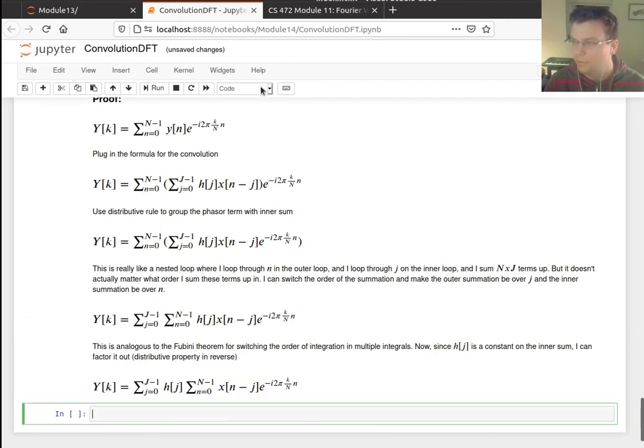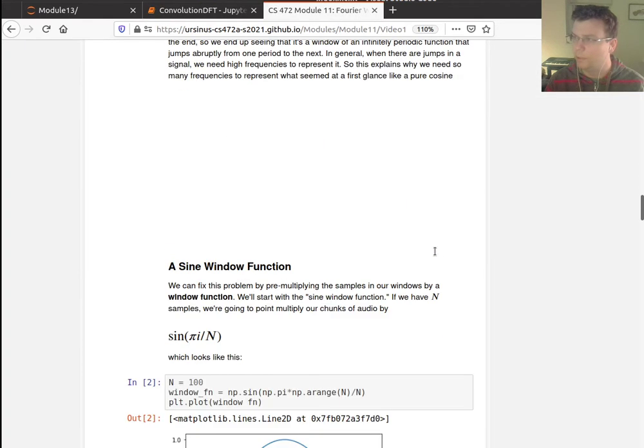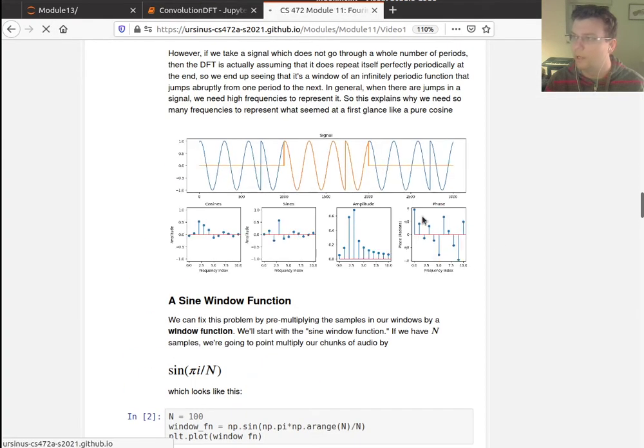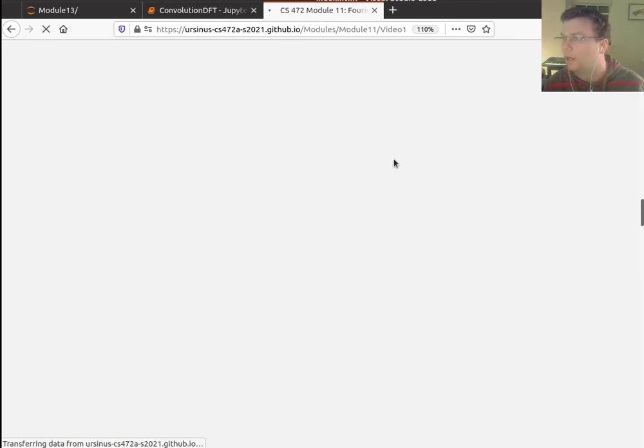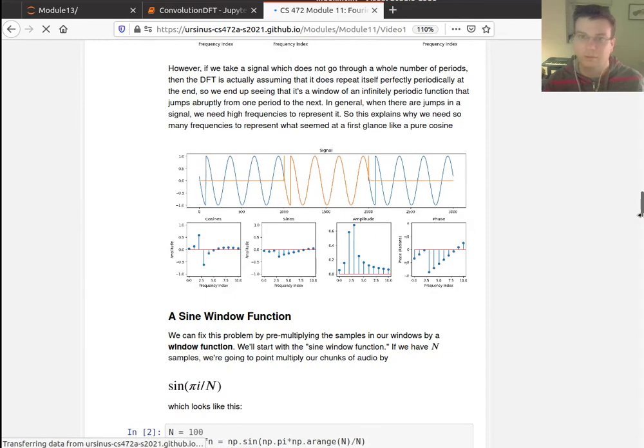Okay, so now what I remember is, I use the fact that x is periodic. And so shifting it by a certain amount only changes its phase. It does not change anything else about it. So I'm going to jump back to module 11 and review this, because this is a really important key property here.